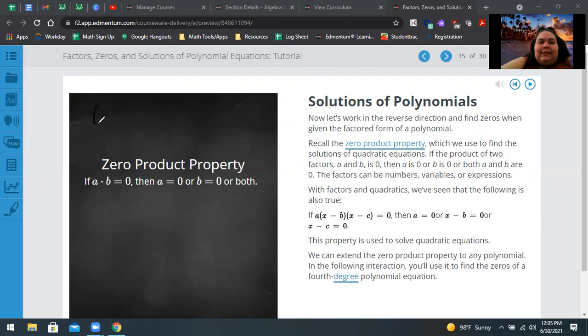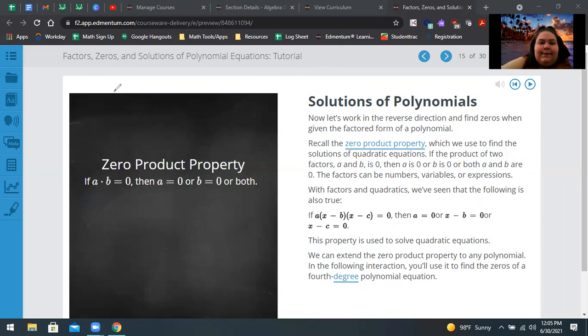What if A is 0 and we multiply that with B, we still get 0, right? Or if it's B that's equal to 0, do you see we still get 0? But what if they're both equal to 0? Still 0. So this concept is also related to our factors.